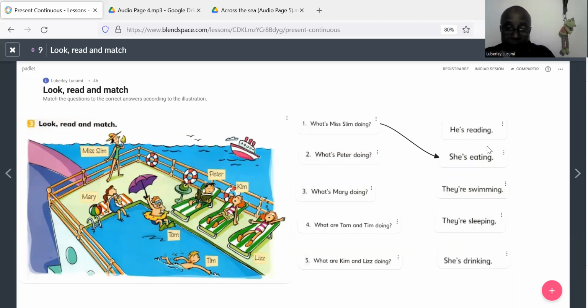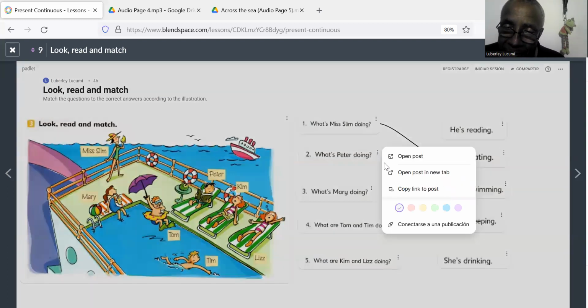Okay, the second one. What's Peter doing? Okay, group number one. What is the answer? He's what? He's reading. Yeah, you're right. He's reading. Yeah.